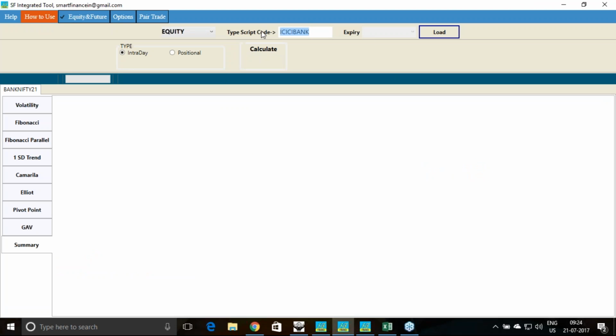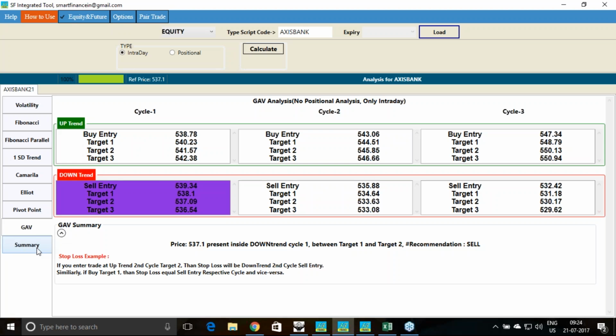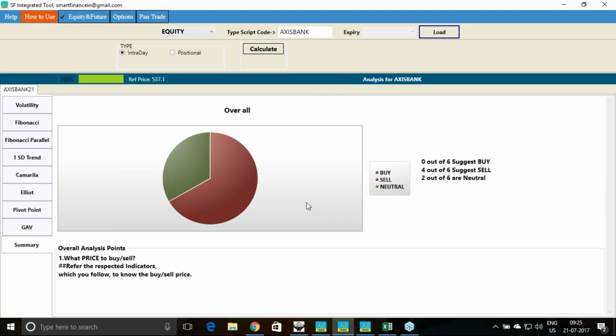At the same time, let me see what this Axis Bank overall trend suggests. In the summary section, 4 suggest sell, 2 suggest neutral. So this is how Axis Bank's trend is coming.